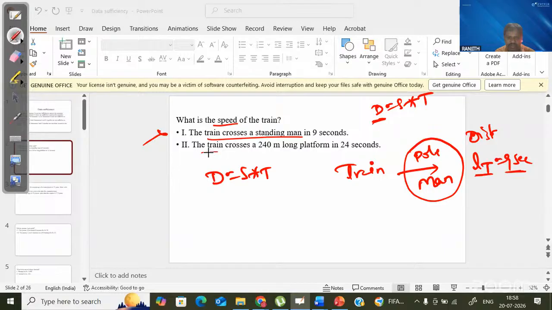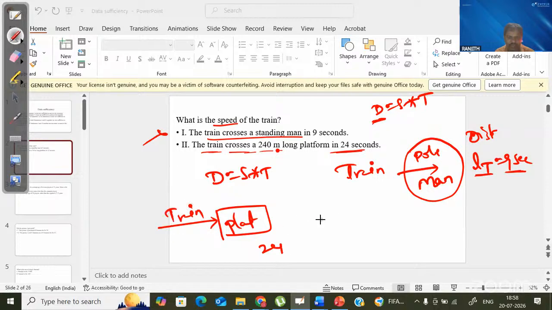Next statement: the train crosses a 240 meters long platform in 24 seconds. A train crossing a platform is nothing but the distance it crosses, so the length of the train plus the length of the platform.